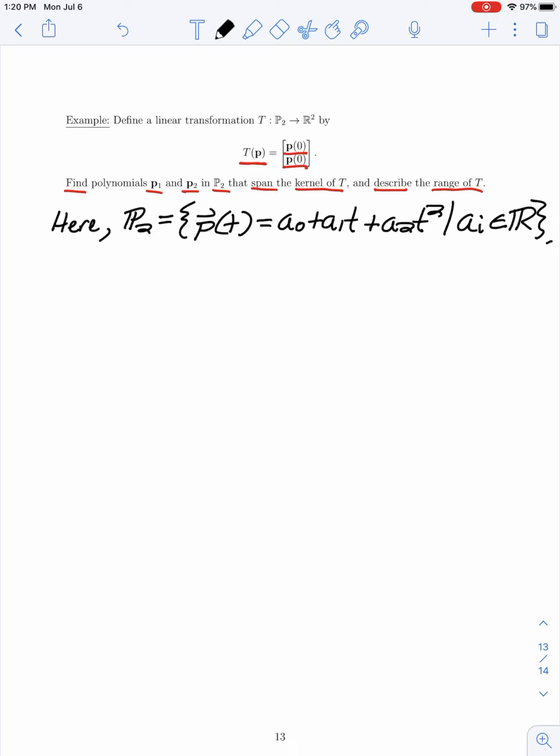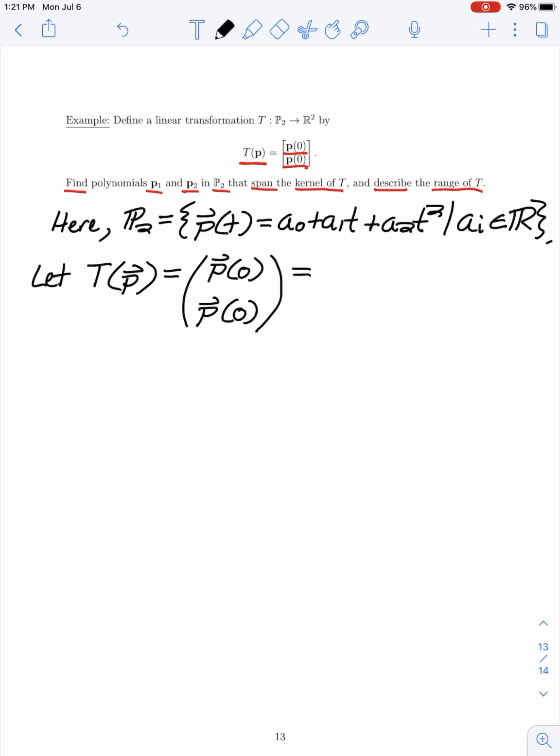So if we're trying to find the kernel of such a transformation, we're looking for the set of polynomials p such that T of p, which is defined as p of 0, p of 0, is equal to the 0 vector.